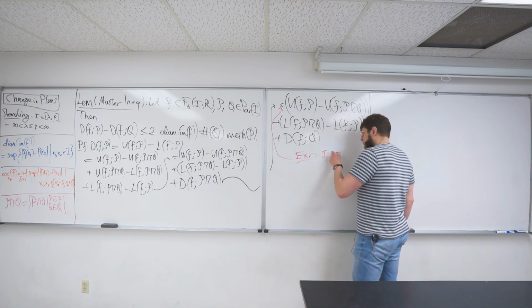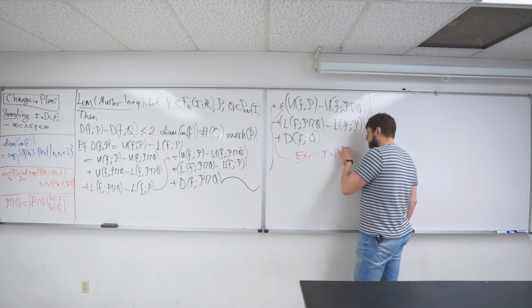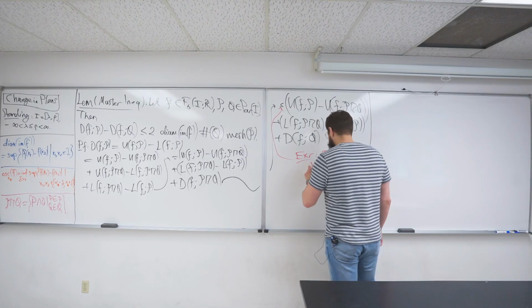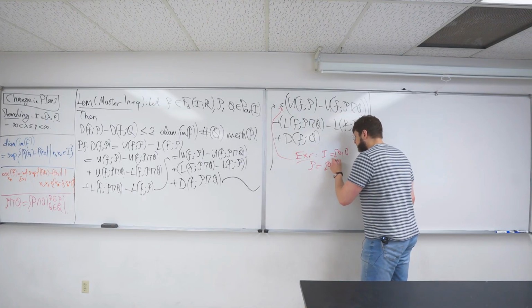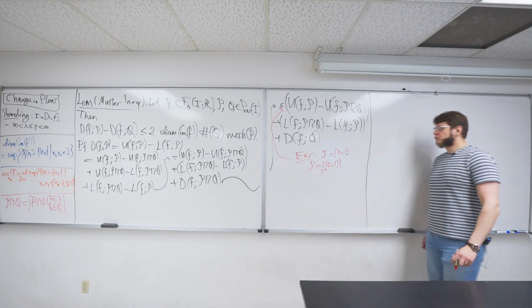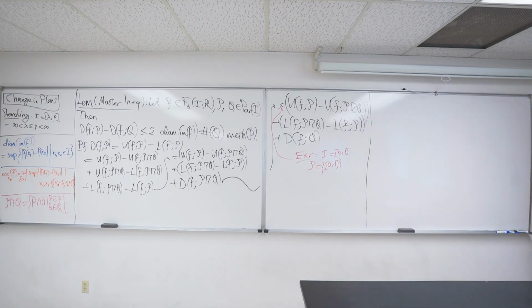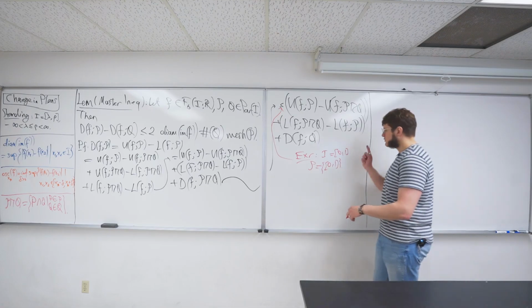Say I is 0, 1. I'm going to be lazy here. I'm going to take P to be the trivial partition that has exactly 1 pixel, and say Q is 0 to 1 half, 1 half to 1.